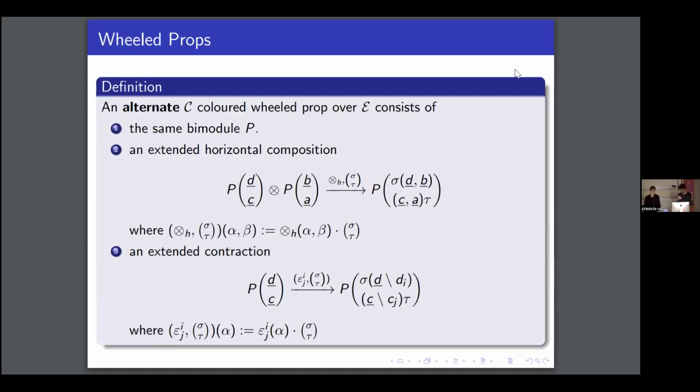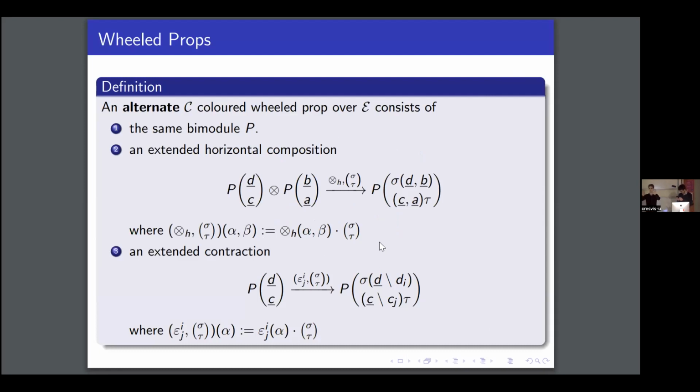So we're going to actually want a slight alternate version of this definition, which consists of the exact same bimodule, but we're going to alter the compositions to some new extended compositions. These extended compositions are defined to be the compositions of the previous page, followed by an action of the bimodule.